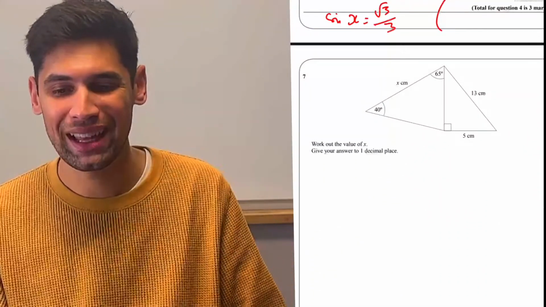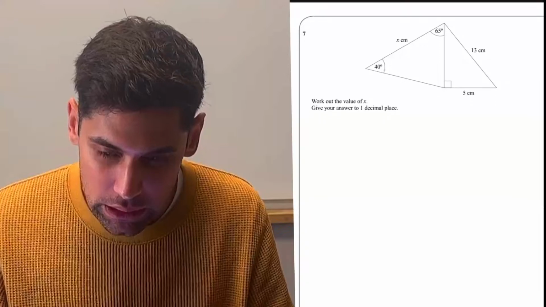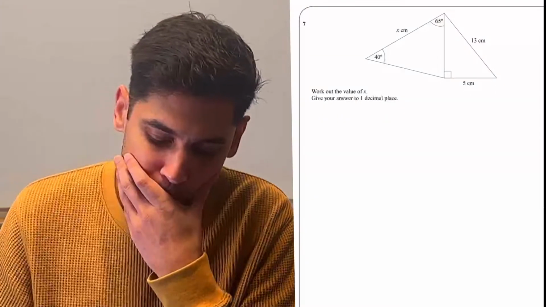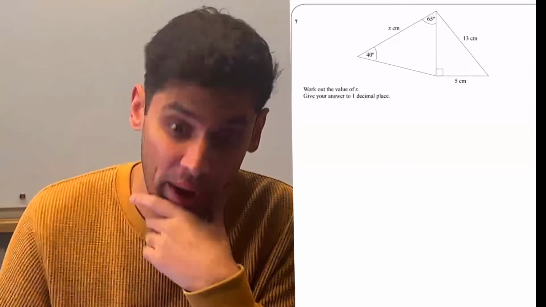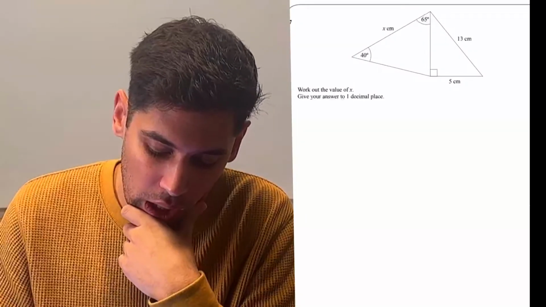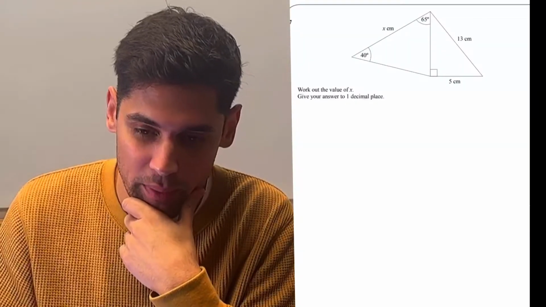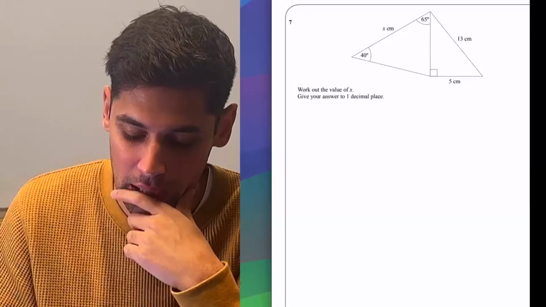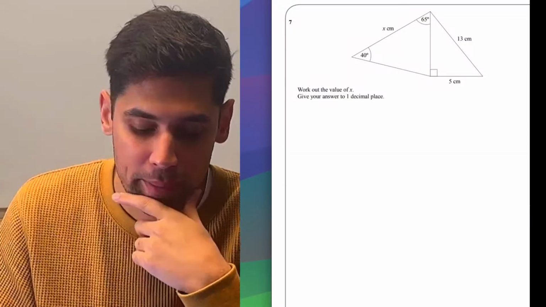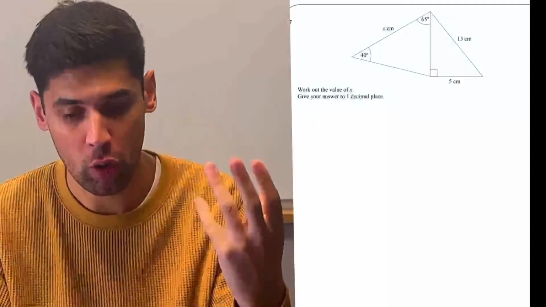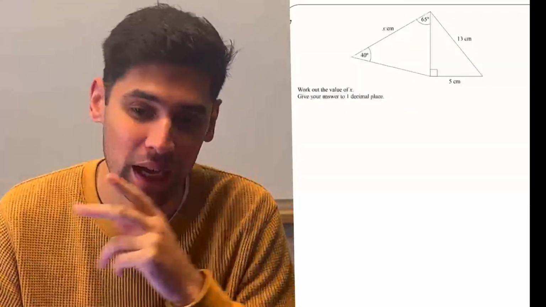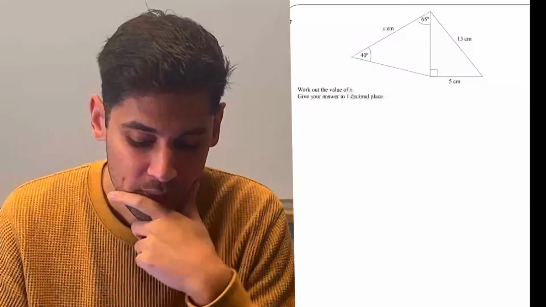Now, we've got a question in context a little bit here. Here we've got a right angle triangle next to a non-right angle triangle. So we should sense there's going to be some overlap of rules here. Because when we see a right angle triangle, we need to be thinking Pythagoras, trigonometry, SOHCAHTOA. And when we see non-right angle triangles, we're thinking sine and cosine rule.